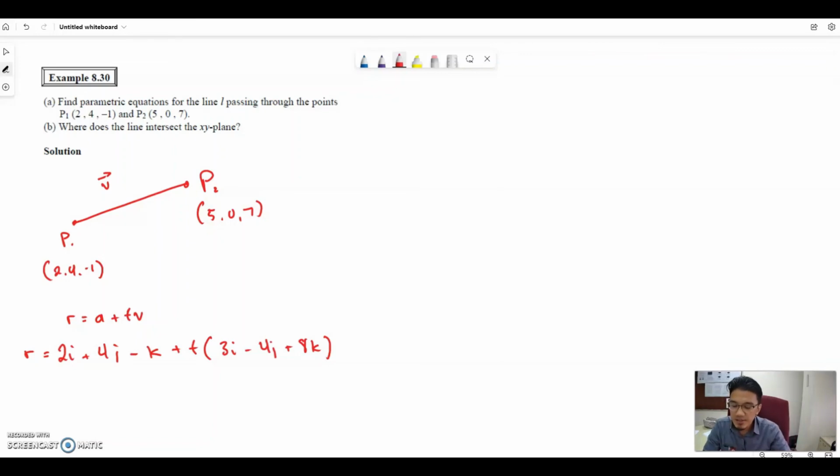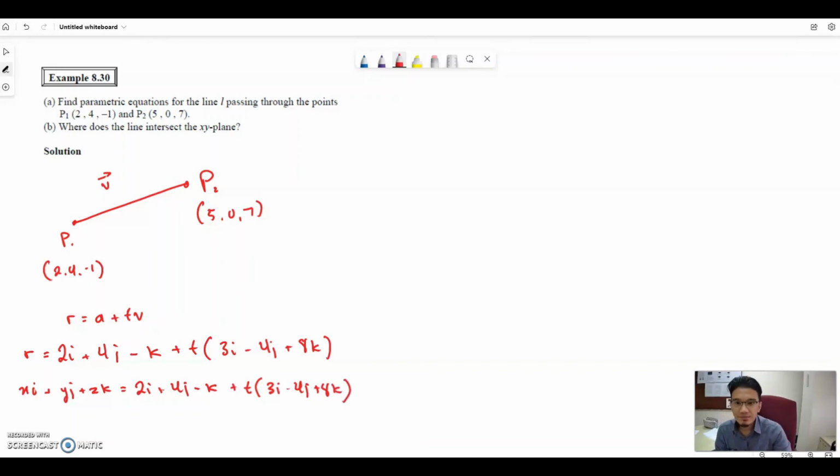So change it into parametric equation. I have to open this one. Change the vector r into x, y, z components: xi plus yj plus zk equals 2i plus 4j minus k plus t times (3i minus 4j plus 8k).